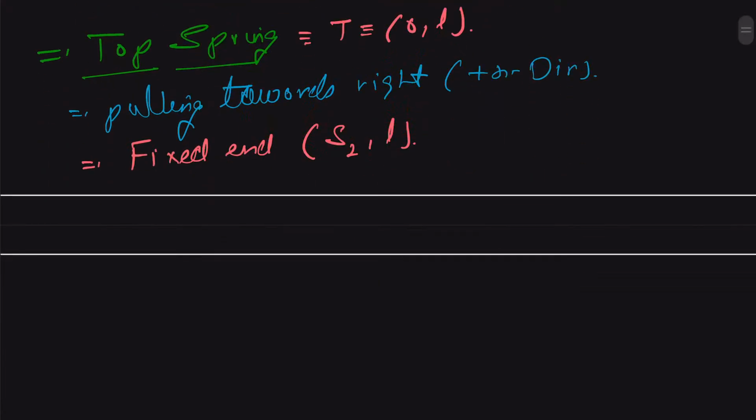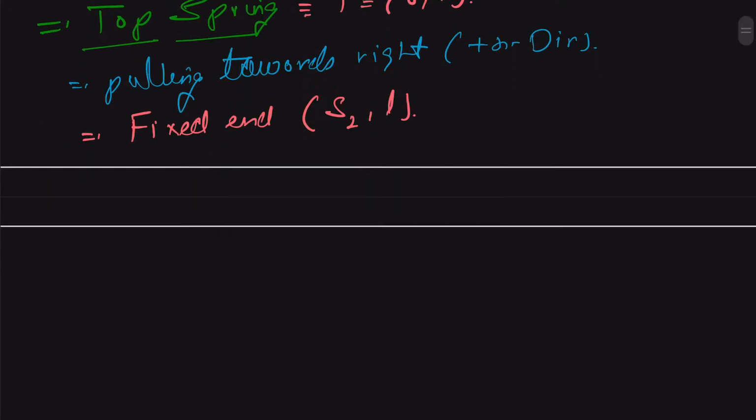And similarly, we can write that force on the rod, and that will be equal to K E2 in the x unit vector.